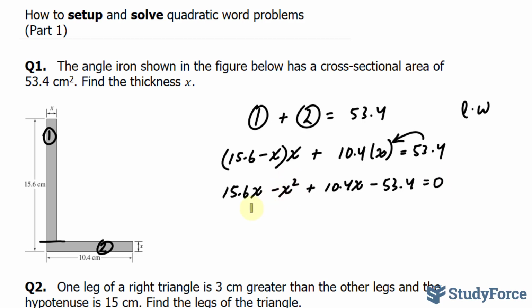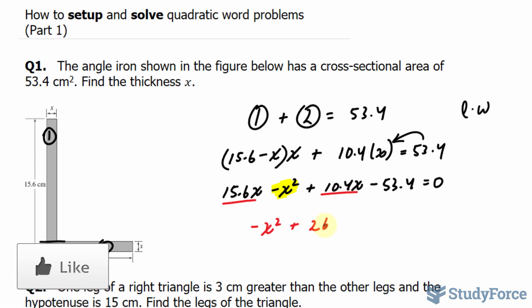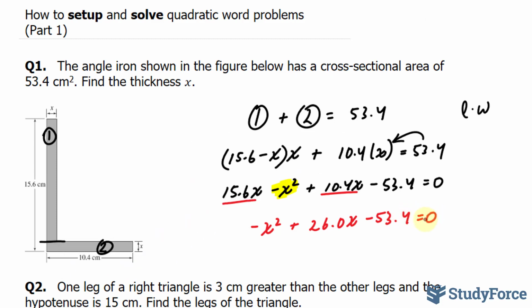We have this term right here, which is a second degree term, and therefore we're dealing with quadratics. So I'll rewrite this and I'll collect like terms. This term and this term are alike. We have negative x squared plus 15.6 plus 10.4 is equal to 26.0x minus 53.4 is equal to 0.